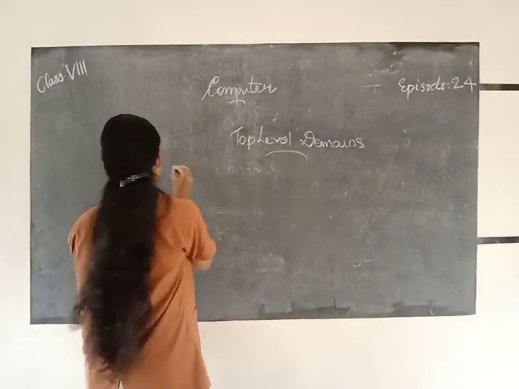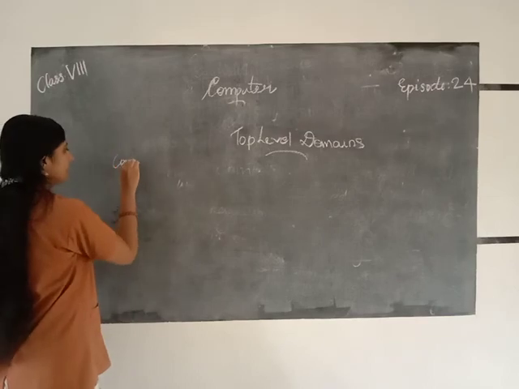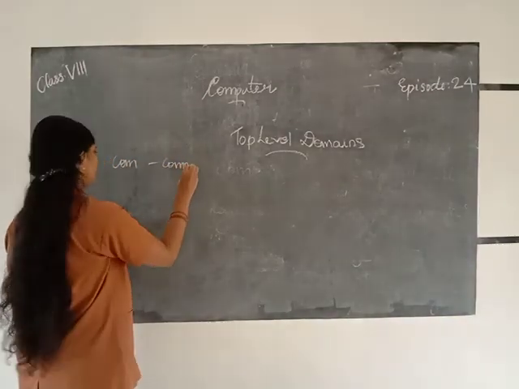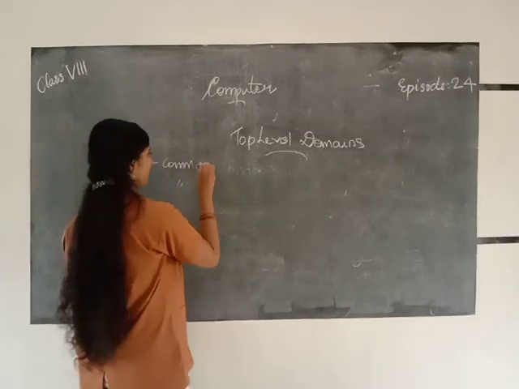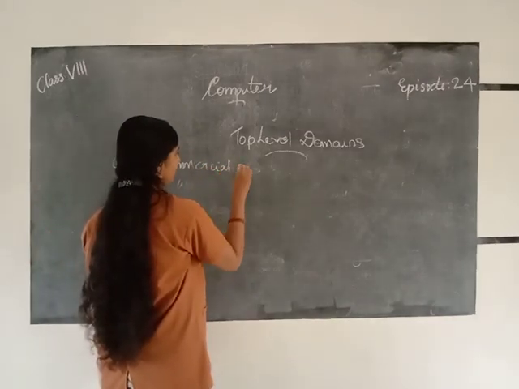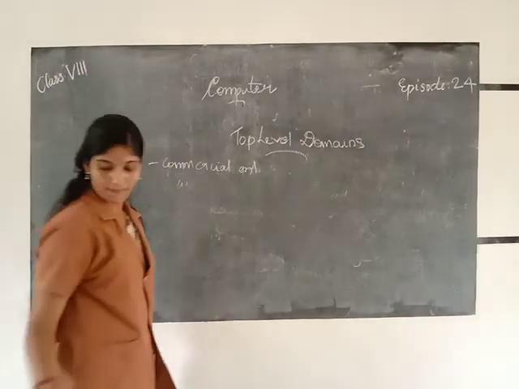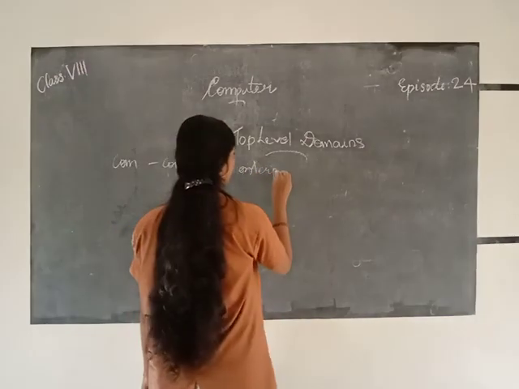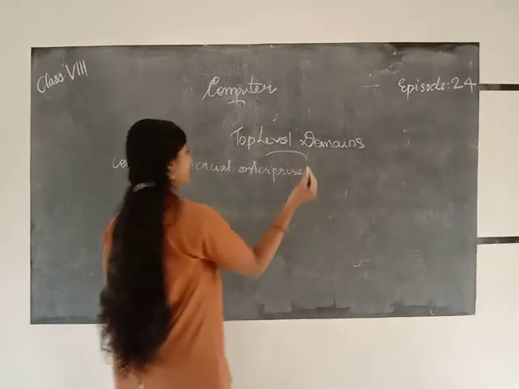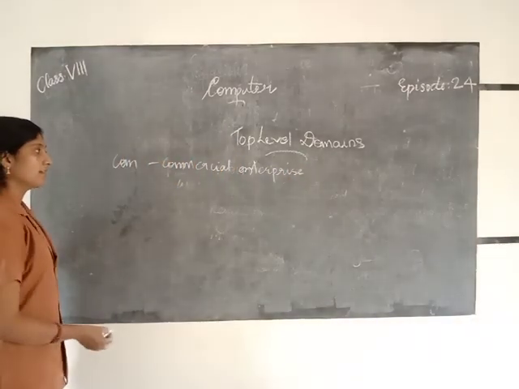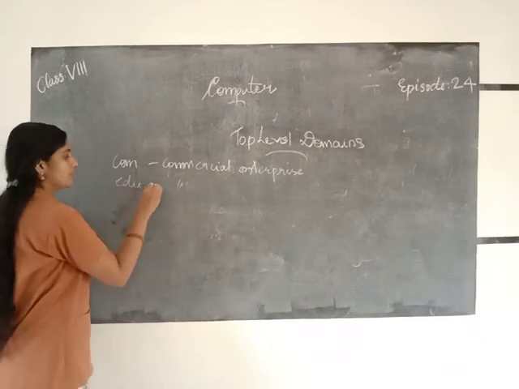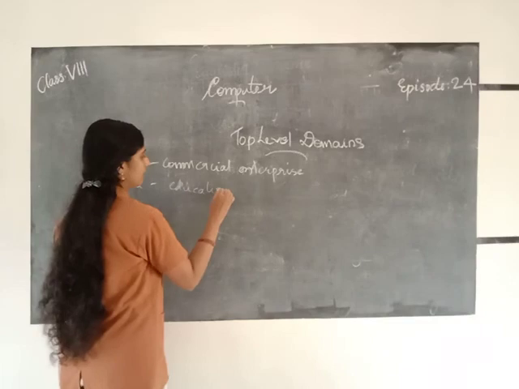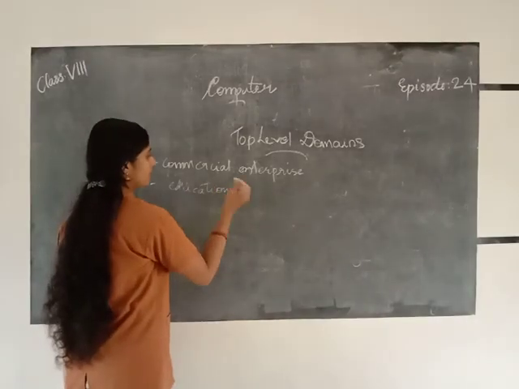First one com, that is commercial enterprise. Second one is edu, educational institute.